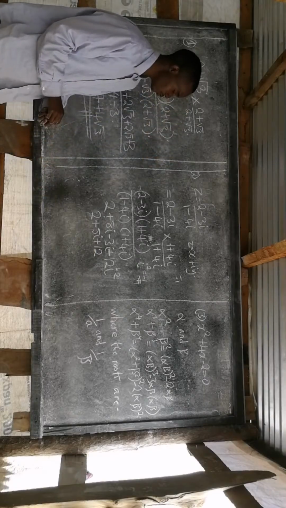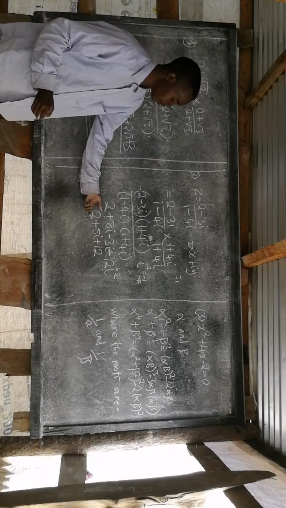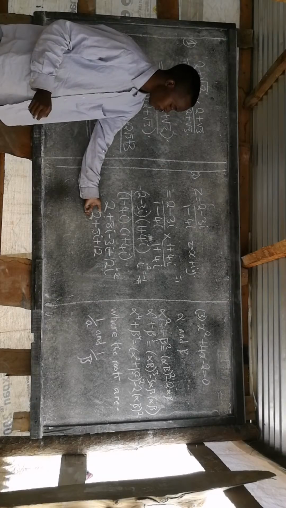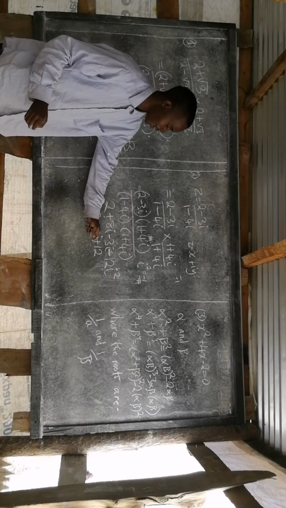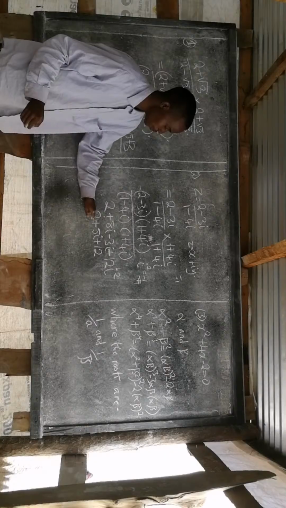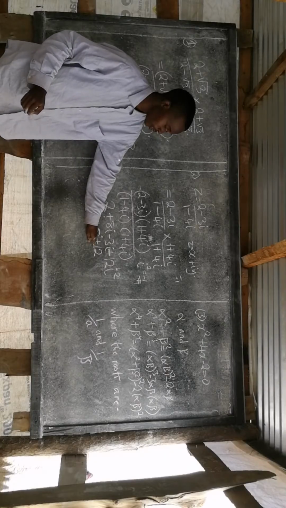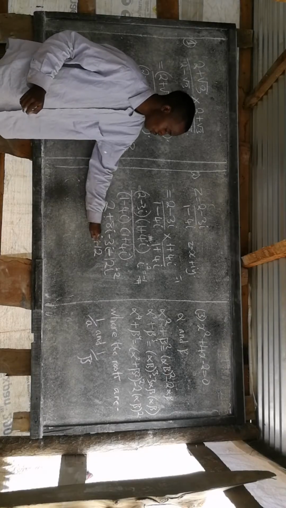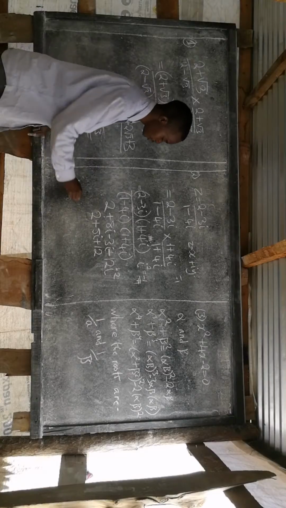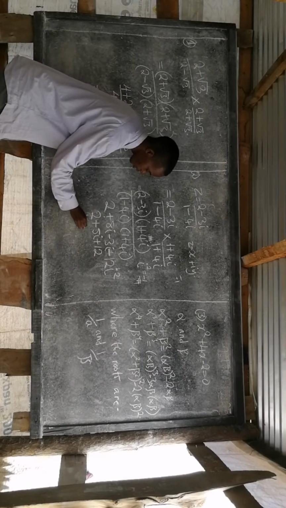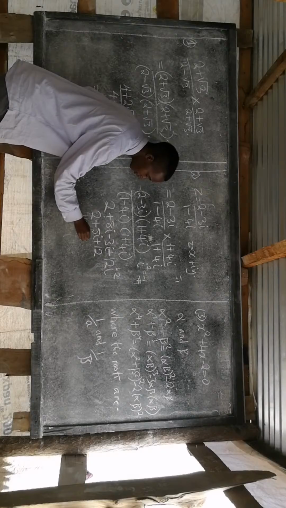This is what will be on top: 2 plus 5i plus 12. Now 2 plus 12 is what? 12, 13, 14. So it will be 14 plus 5i.